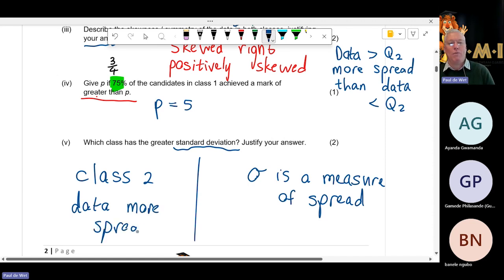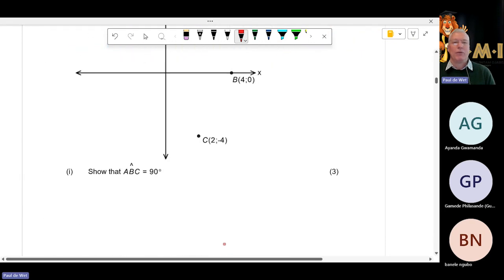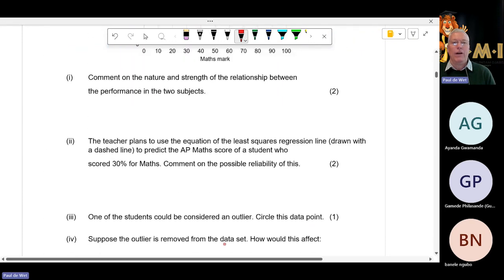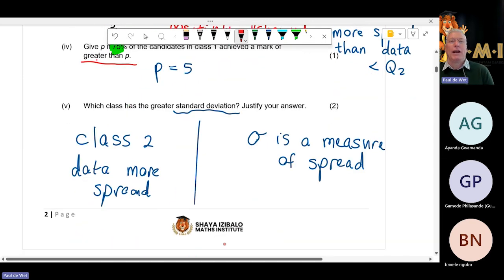Guys, I'm hoping you know how you calculate standard deviation. We're probably going to have a question on that now, so let's just quickly talk about that before we move on. Okay, you get given this formula here.